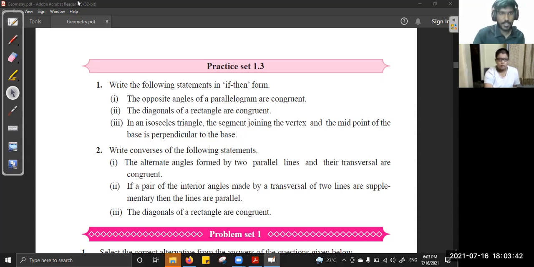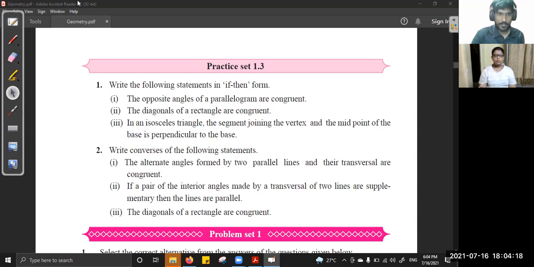After that, we still have to take the converse of it. So, if two lines are parallel, then the alternate angles formed by their transversal are congruent. That is the if-then form. Now, when you take the converse, if the alternate angles formed by their transversals are congruent, then the two lines are parallel.